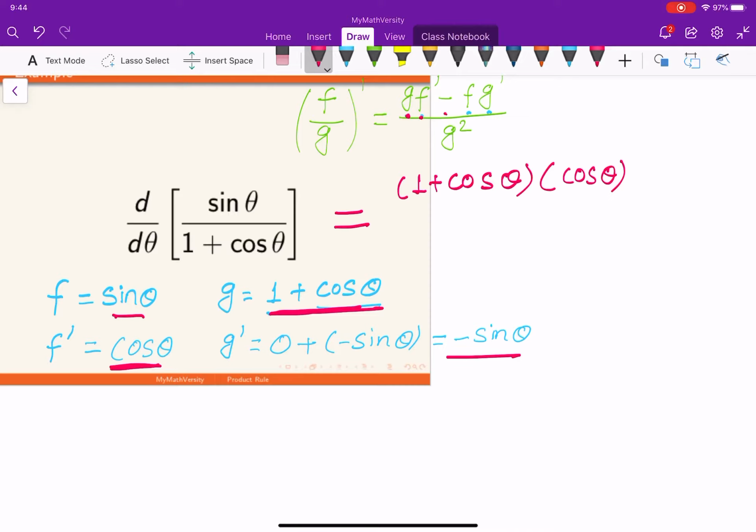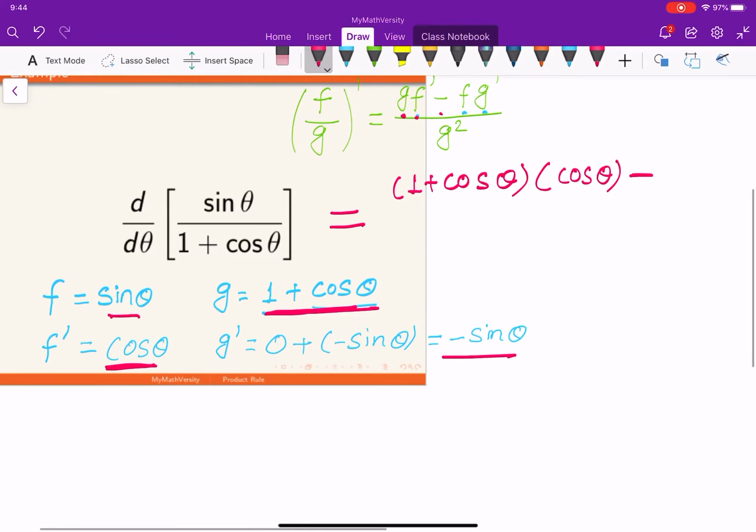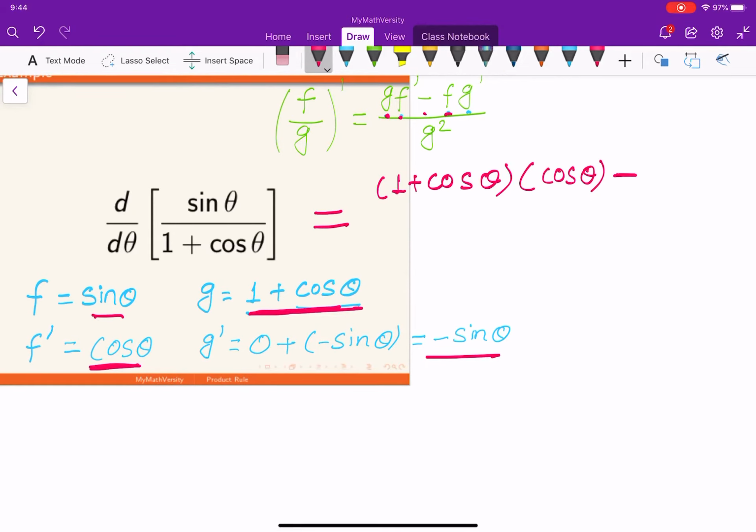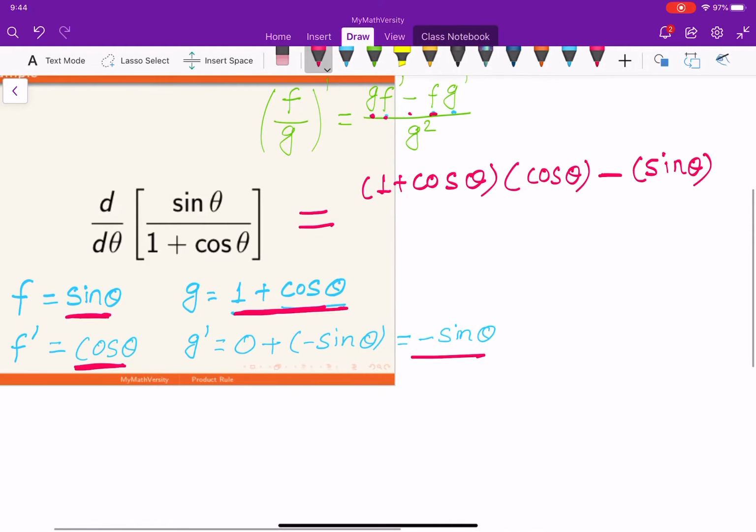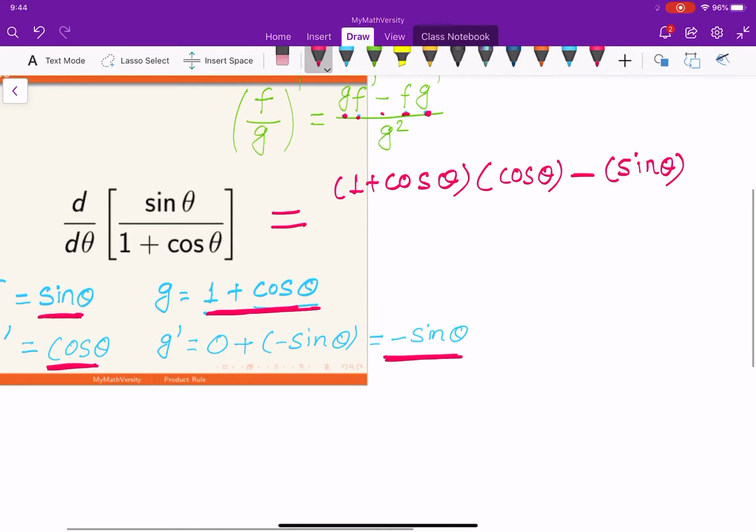Then we have this minus sign, carry that on. And we have f, which is sine theta, so we copy that. And we write down g prime, which is negative sine theta.